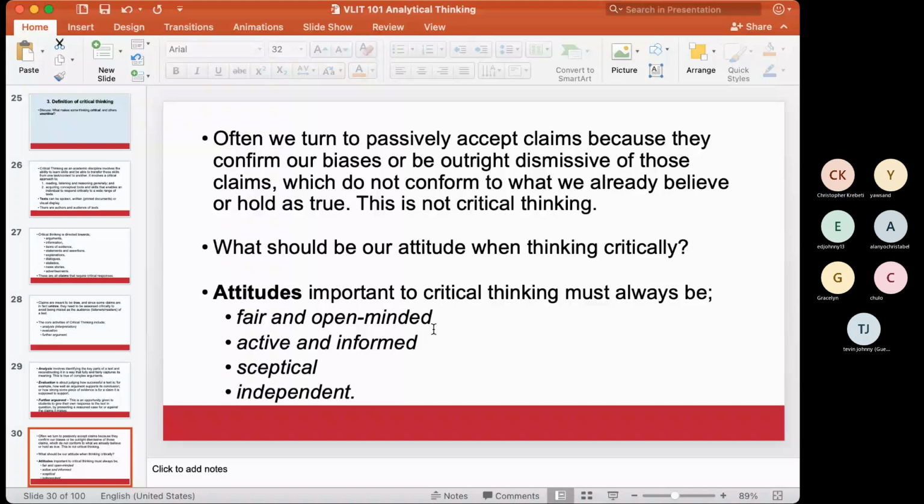So this is how it is. Once you are thinking, your thinking should be clear. So what should be our attitude when we are thinking critically? We should be fair and open-minded. We should be active and informed. We should be skeptical and we should be independent. Fairness is very important. Open-mindedness means that you are not closed.